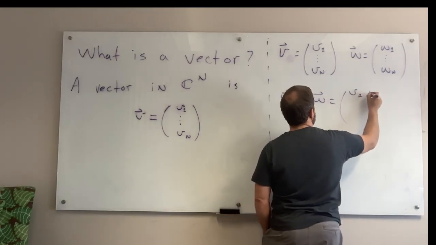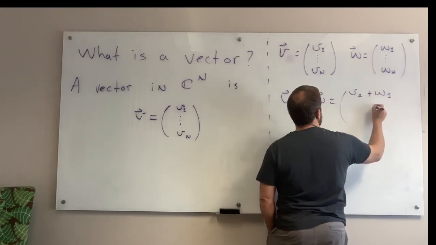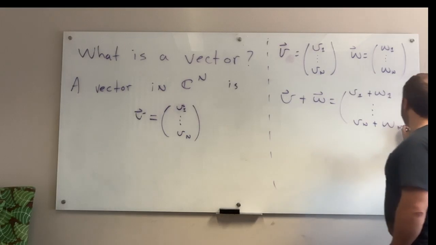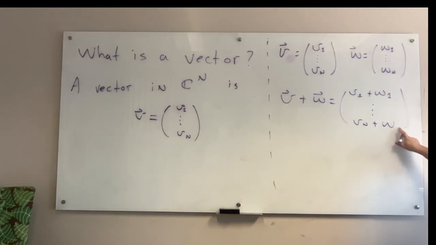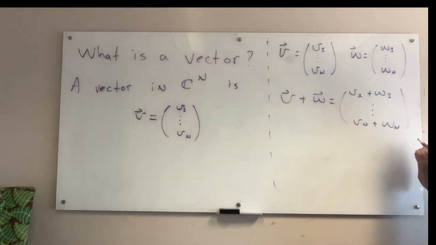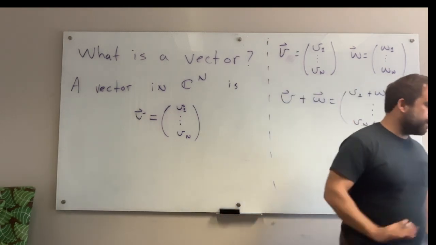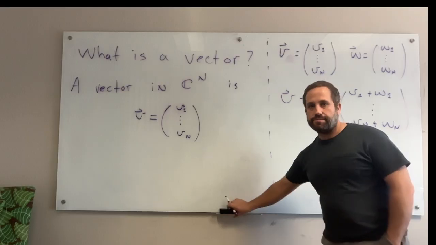So we're going to have V1 plus W1 all the way down to Vn plus Wn. And hopefully, if you're watching this video, you're like, yeah, dude, I know that's the first thing that you learn in linear algebra. And that's exactly how I want you to be thinking right now. But I just want to make sure we're all on the same page.